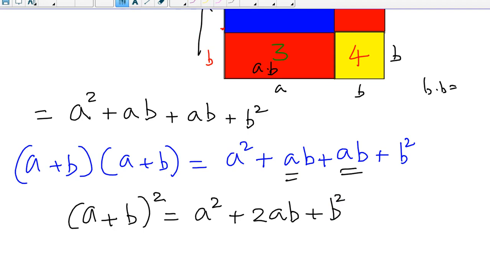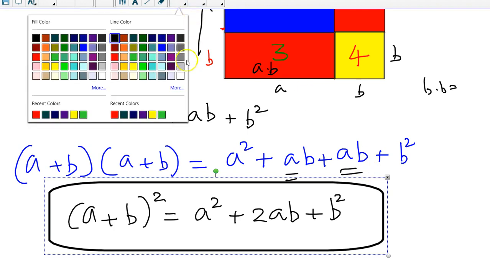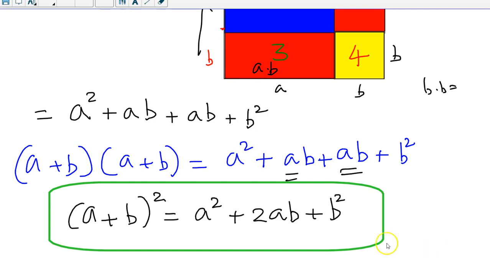So this is the first and very important special product. (a plus b) whole square is equal to a square plus 2ab plus b square. Alright, that is really important. We need to know this, and let us see how you can remember it.